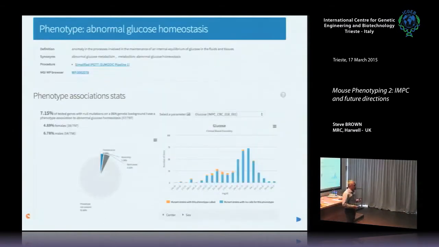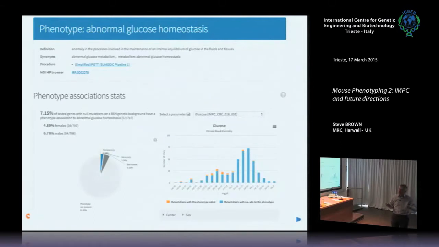Of course, you can look at genes according to phenotypes. You can start from a phenotype. So you might be interested, as Roger is, in diabetes, obesity. So you want to ask, what are all the genes that have been identified in IMPC that have got abnormal glucose homeostasis? So you can do that through the IMPC portal.